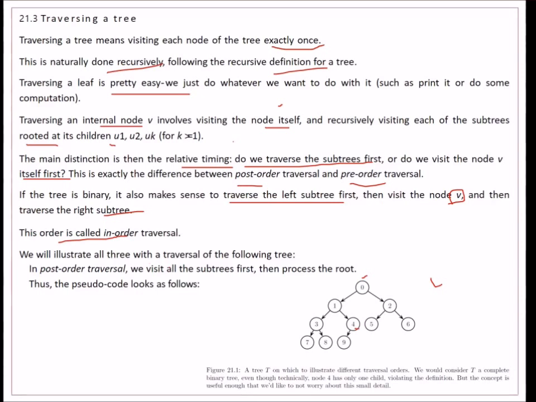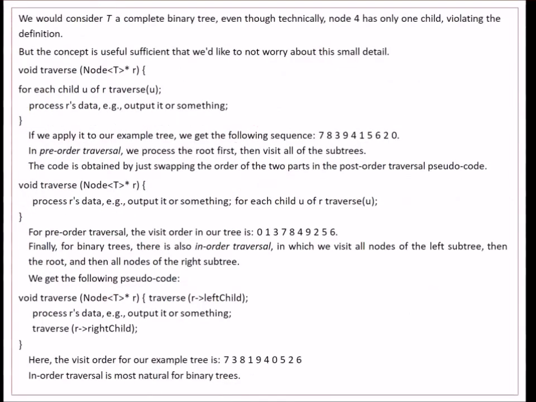So post-order, pre-order and in-order mean post, pre and in, and this is for the node only. We are talking about the node whenever we traverse. So the pseudocode will be something like this. We consider a complete binary tree; we have seen that node 4 is violating our situation, but the concept is useful.